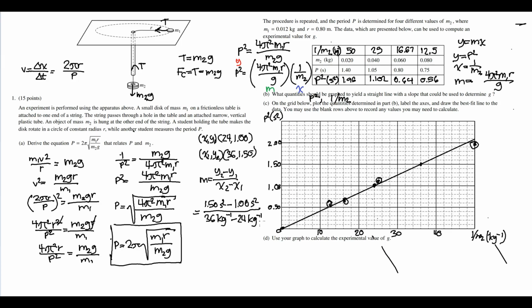Well, turns out our m equals 0.04. What's our unit? Seconds squared over inverse kilogram, so kilogram seconds squared.